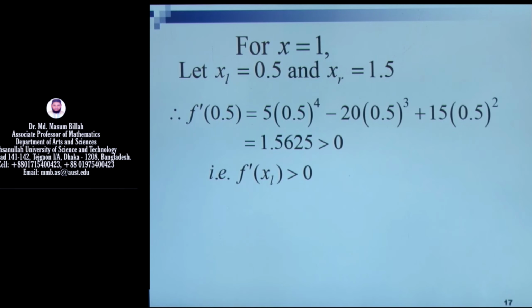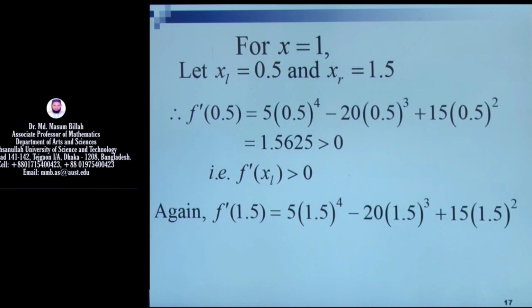When f prime xl is positive, left side is positive, we may get maximum or point of inflection. Now we can check the right side of the stationary point 1, that is f prime 1.5, this result is minus 8.4375. So this one is negative. So the function is positive, then negative. So we can get the stationary point is a maximum point.